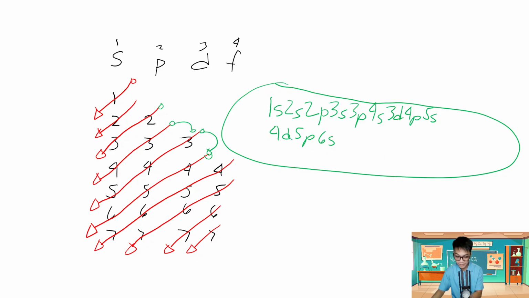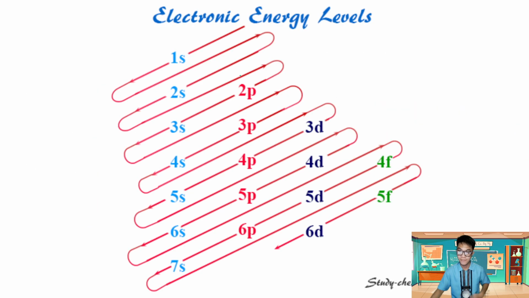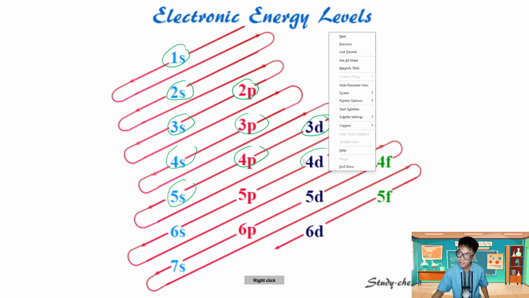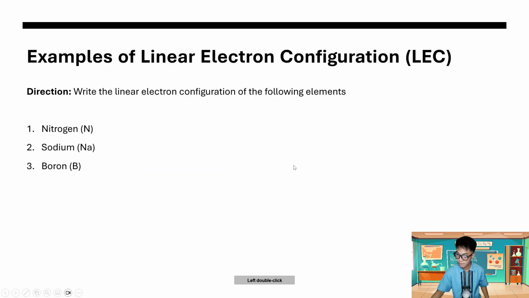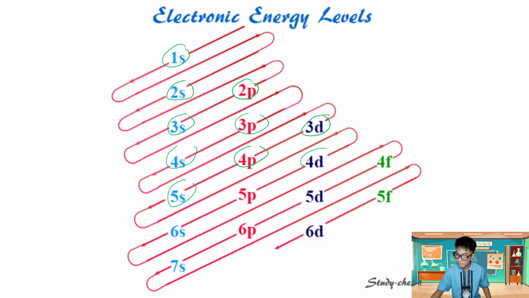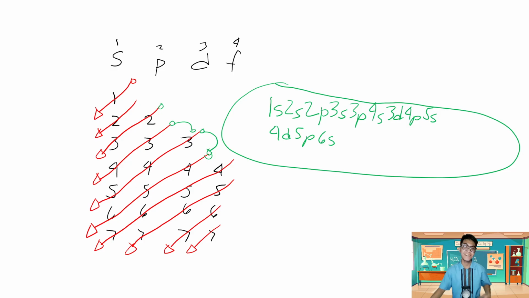Now let's take a look at our diagram. That is 1S, 2S, 2P, 3S, followed by 3P, 4S, then the 3D, 4P, 5S, then 4D, 5P, and 6S.